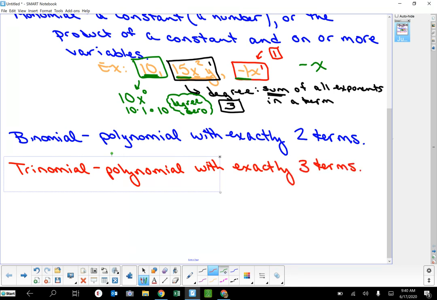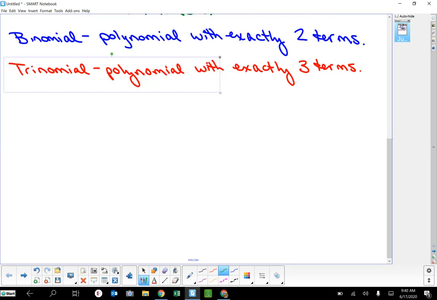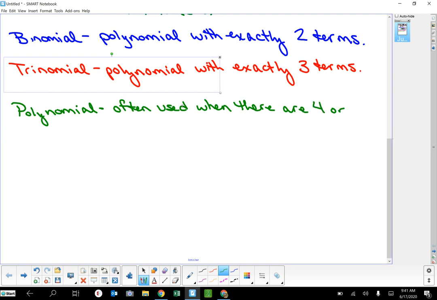And the word polynomial itself is really used for anything with two or more terms, but often it is used when there are four or more terms.